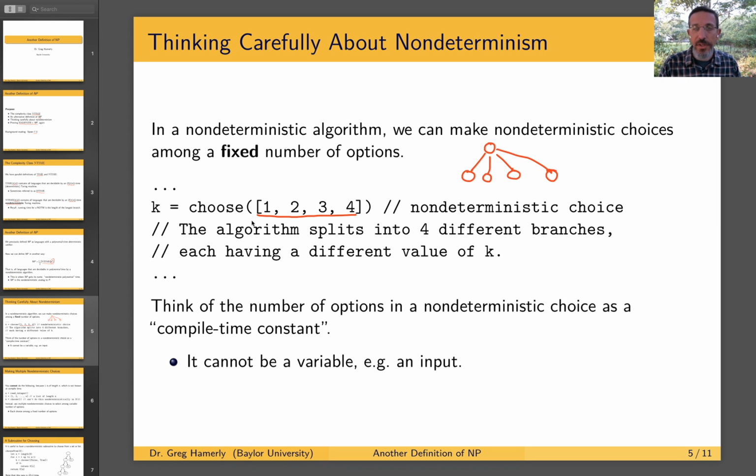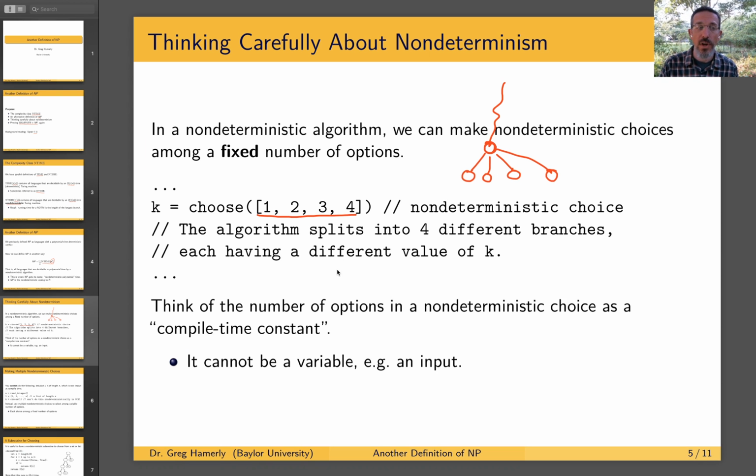The way to think about this is that we're in some configuration in our non-deterministic algorithm, and once we make this choice, the machine splits itself into 4 different branches. In this branch, k equals 1, in this branch, k equals 2, k equals 3, and k equals 4. These branches have their own memory, they run independently of one another, and they have different values of k.